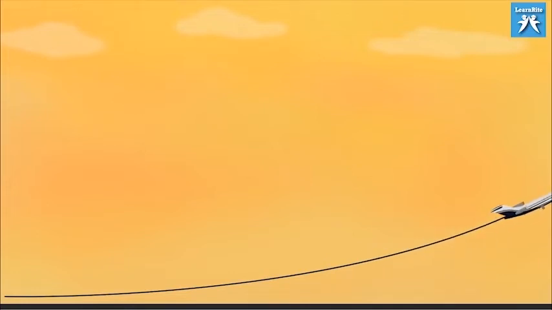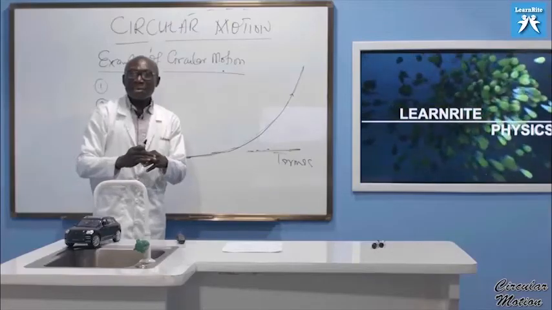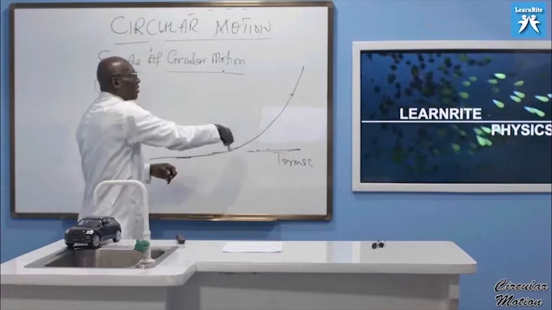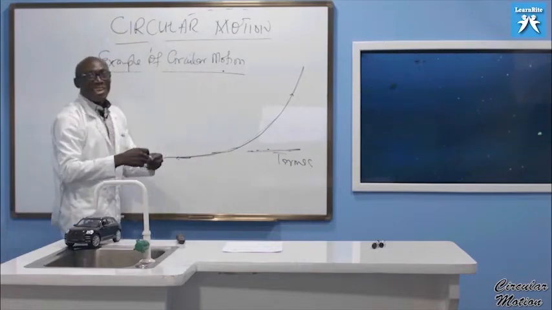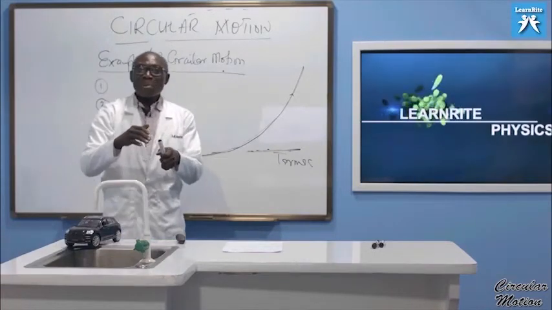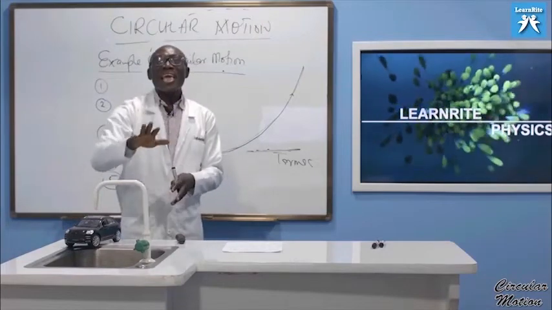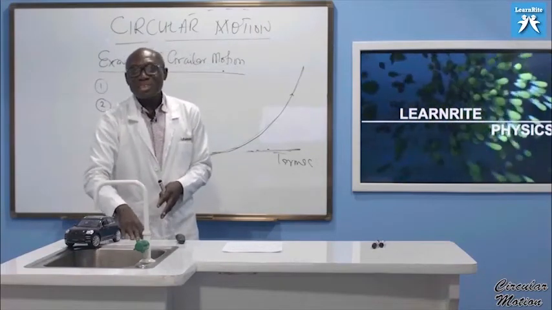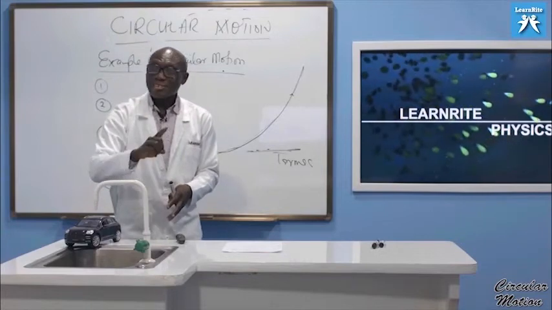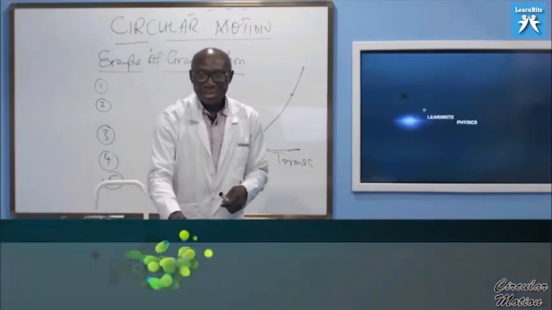This part of the motion is part of a circle. And when we complete the circle, we shall have a center somewhere there. And therefore we can say that when the plane takes off into the air, it performs circular motion as well as projectile motion.